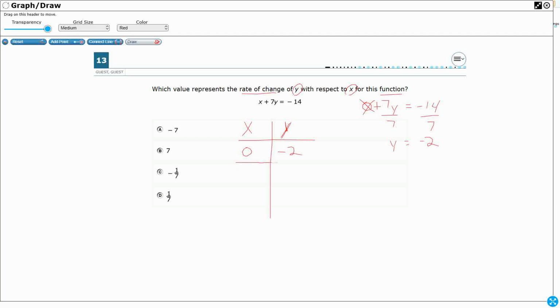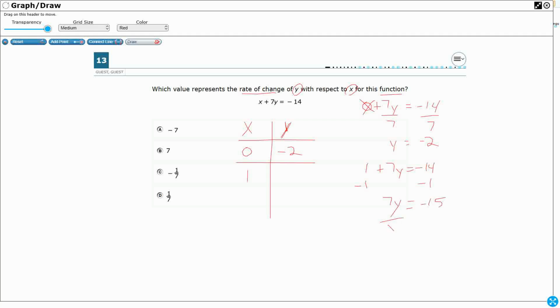All right, so let me step this. For every unit that x increases, how does that y value change? That's what I'm looking for. So what if my x is 1? I'm going to have 1 plus 7y equals negative 14. Subtract 1 from both sides. 7y equals negative 15.